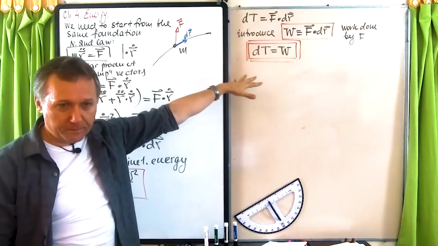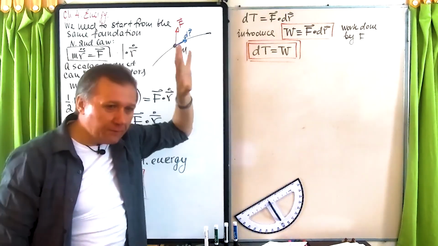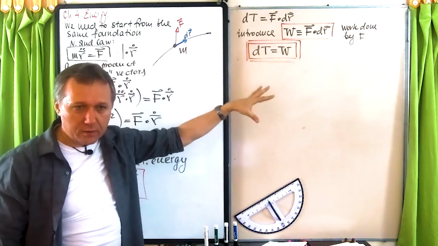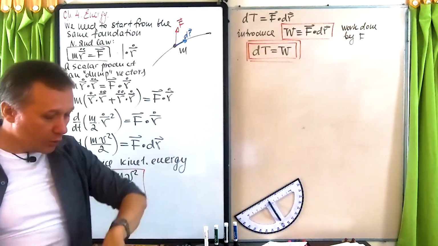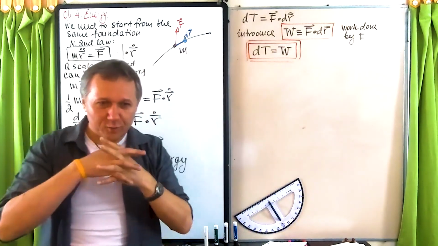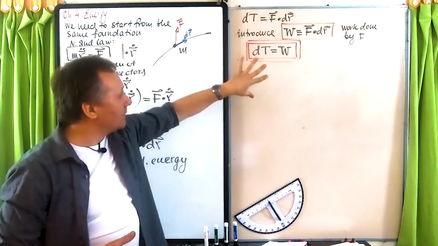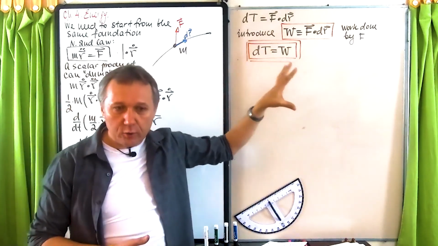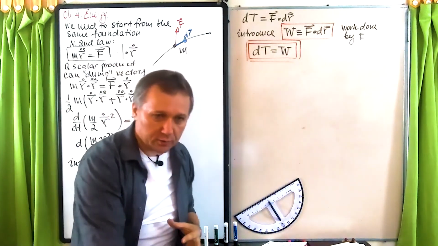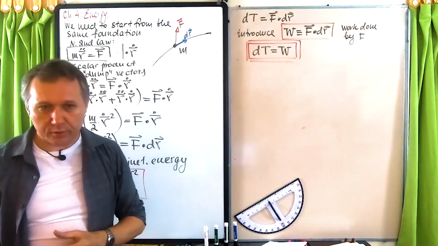Universal, no restrictions, any forces, any systems. Work kinetic energy principle instead of Newton's second law. Okay, sorry for holding you for an extra 5 minutes, because I wanted to emphasize. So now we found the Newton's second law substitute in this new approach.